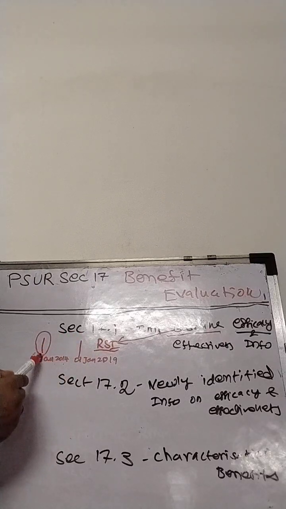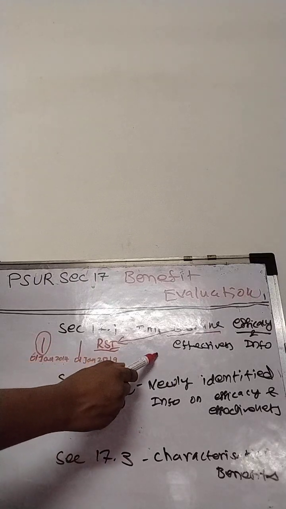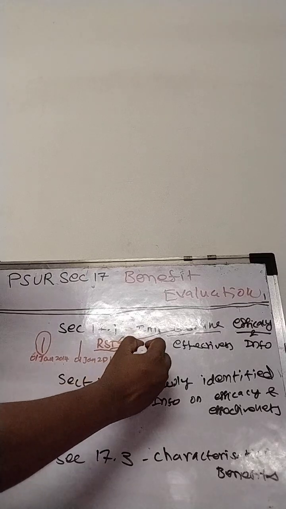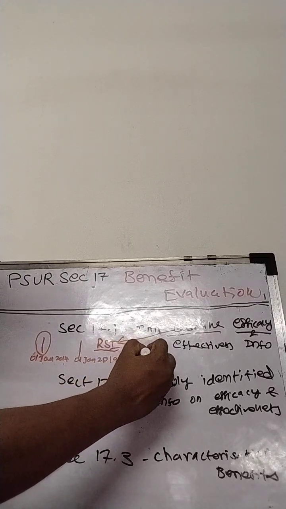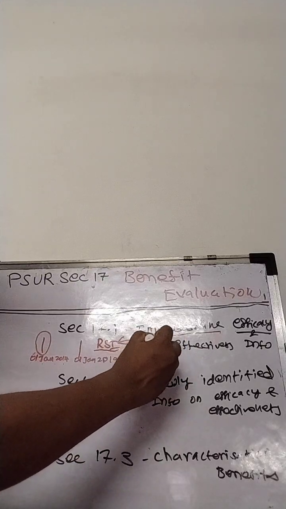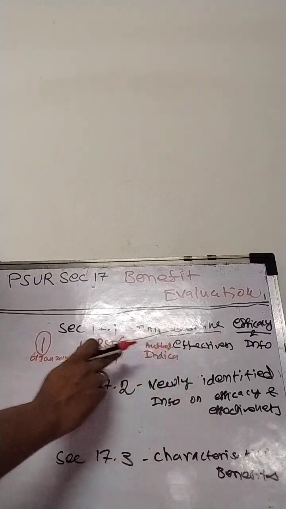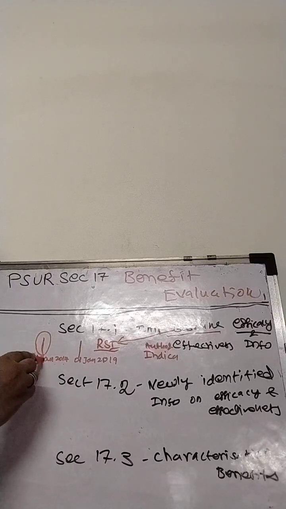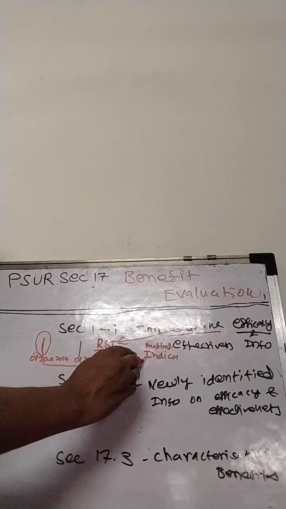You can pick that RSI and write the authorized indications here. Indications means authorized indications which were approved and authorized in that particular RSI. You will write this information here.